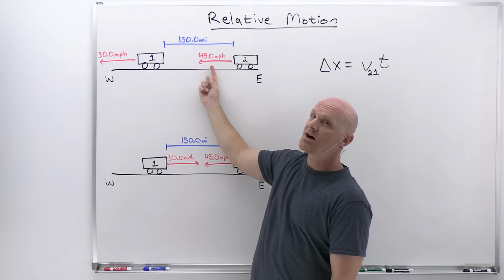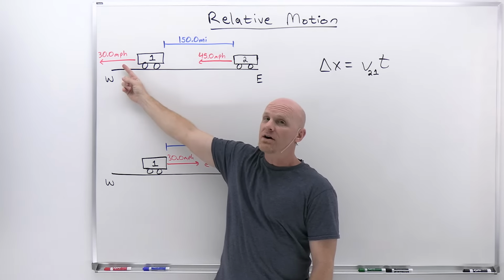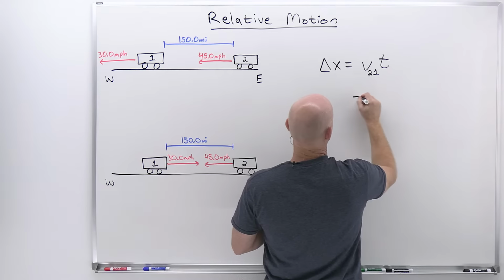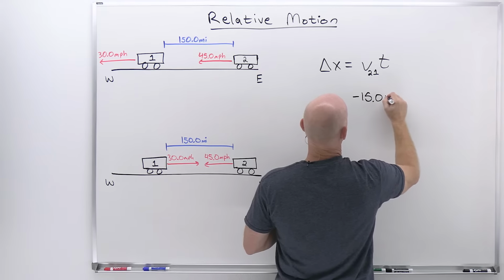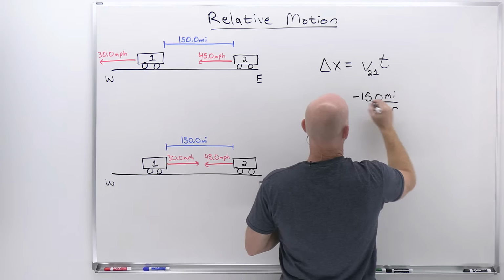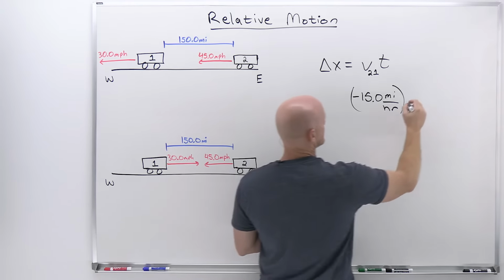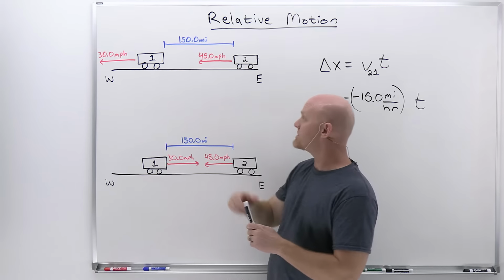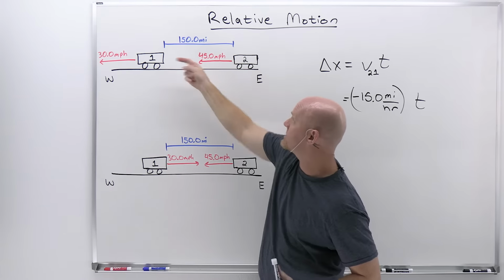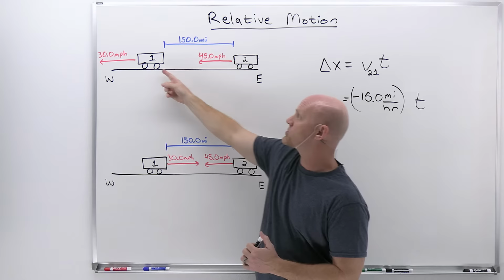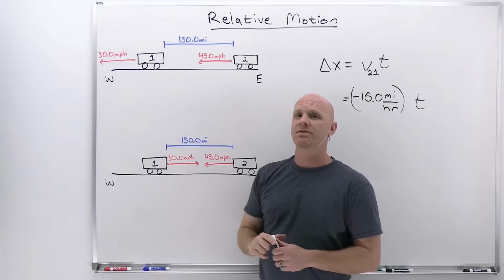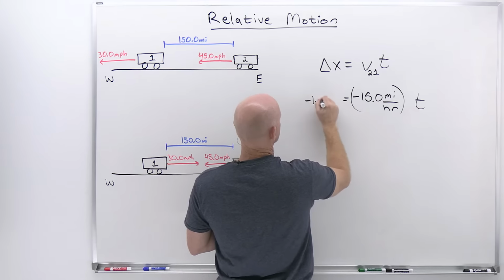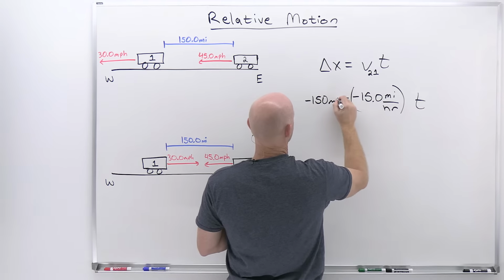Negative 45 miles per hour minus a negative 30 miles per hour gets me negative 15 miles per hour for that velocity. We're going to multiply that by time, and the relative displacement is that 150 miles. Train 2 relative to train 1 has to close that gap of 150 miles, also west, so I'll make it negative as well.